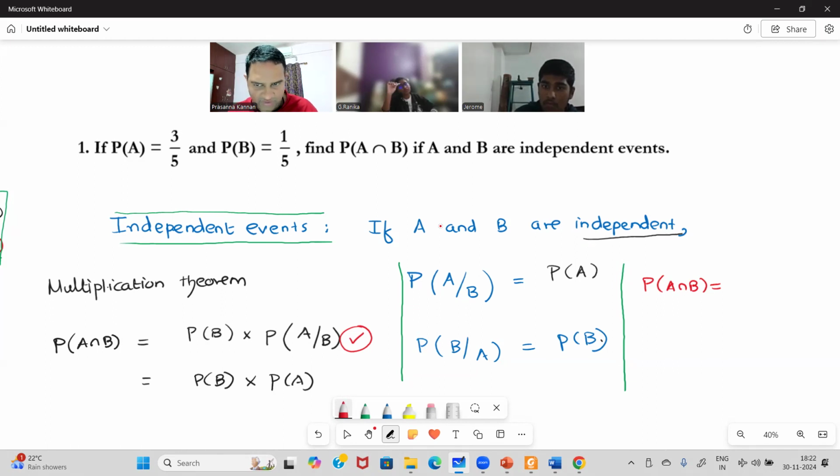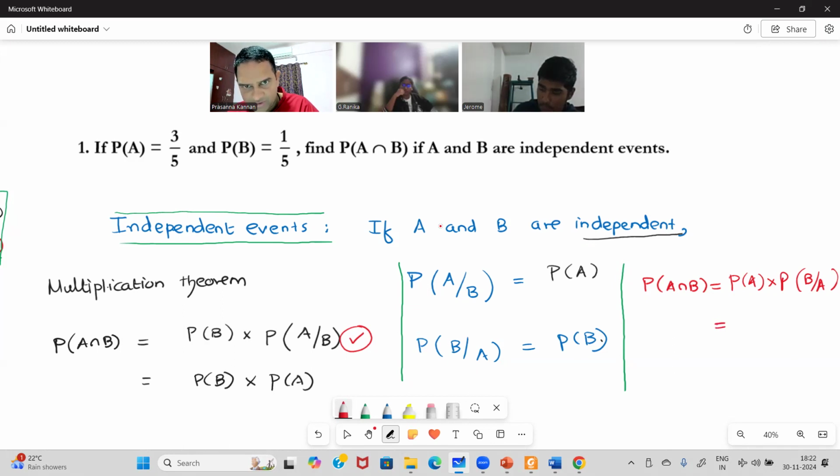There are two forms in which we write it. You can write P of A intersection B as P of B into P of A given B, or the other form, P of A into P of B given A. Have you seen this or not? Yes, sir.